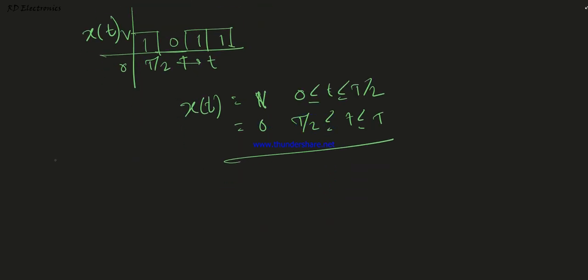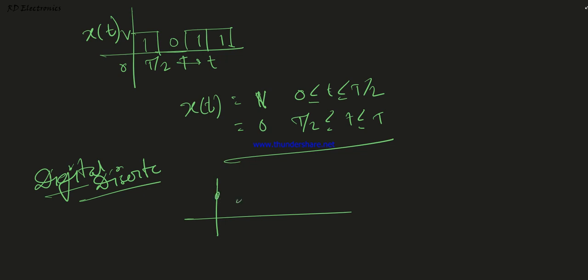Next we talk about the digital discrete signal. This digital discrete signal is applied in digital signal processing, also known as DSP. It looks like there is no periodic pattern.